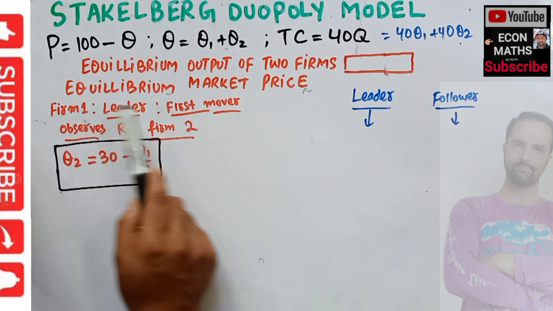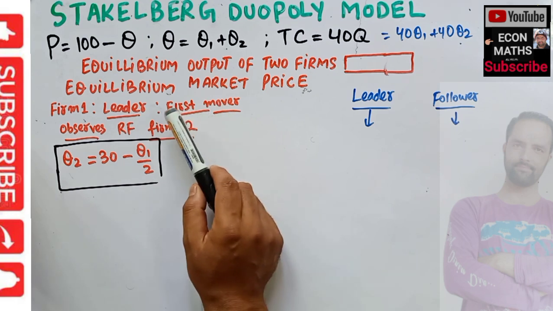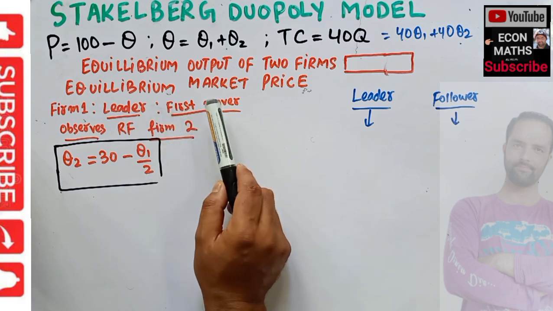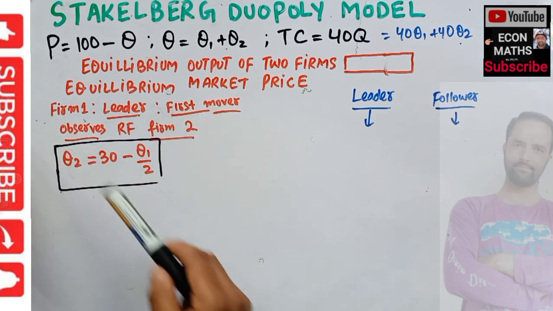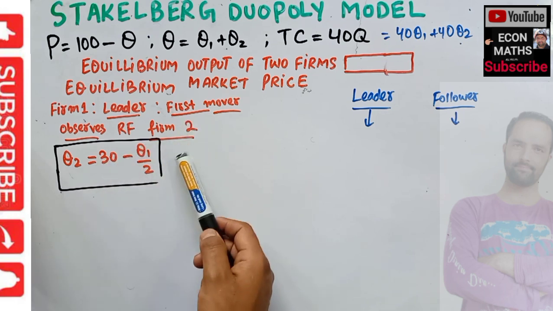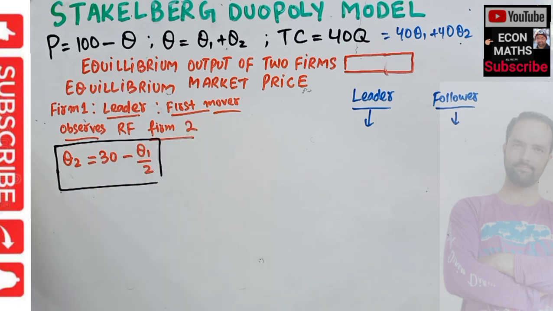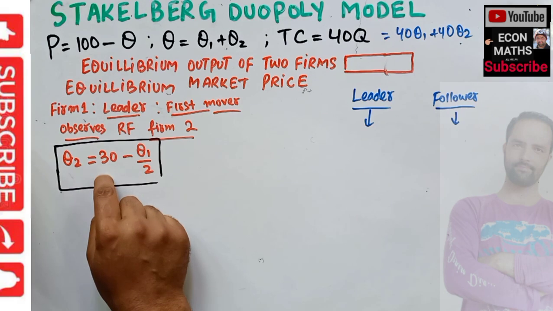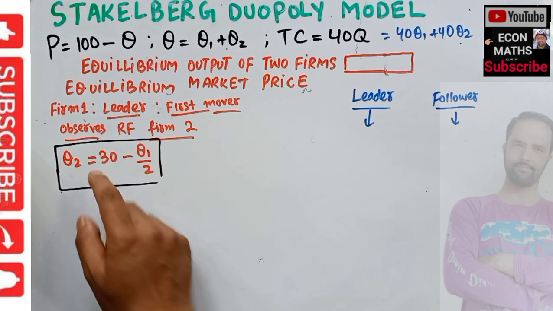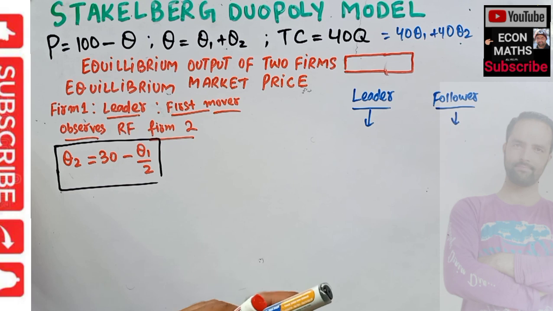We say firm 1 is the leader, also called the first mover. Firm 1 observes the reaction function of firm 2 and uses it in choosing its output level.